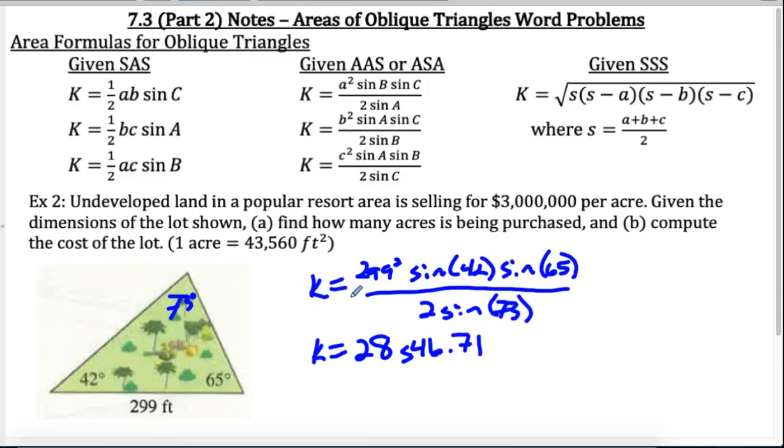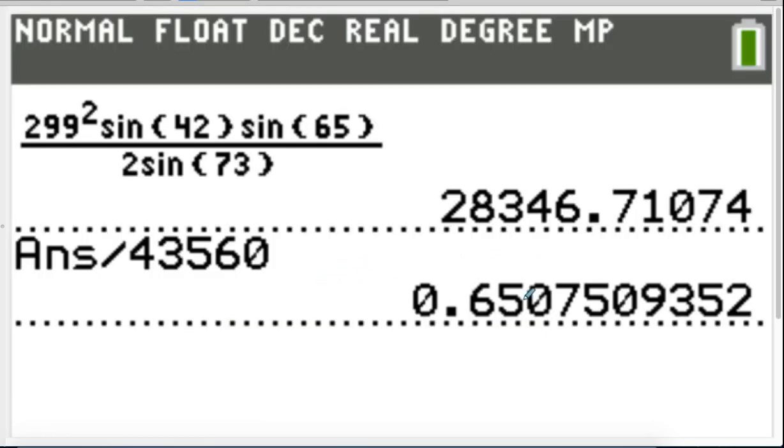So now, to find how many acres this is, okay, if I know that 1 acre is 43,560 square feet, I'm just going to take this number and divide by 43,560. Okay? Then we get 0.6507509352. So that's how many acres, right? Roughly 0.65 acres. So that's the answer to the first part of the question.